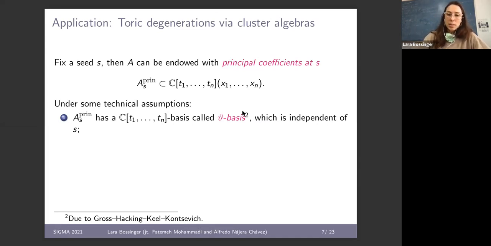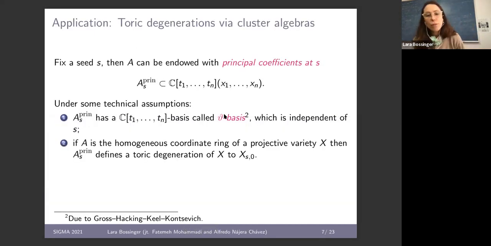This theta basis, it's worth mentioning here, is actually independent of s. So whatever seed you pick, you will get different cluster algebras with principal coefficients, different deformations of the first cluster algebra, but they all share the same basis.